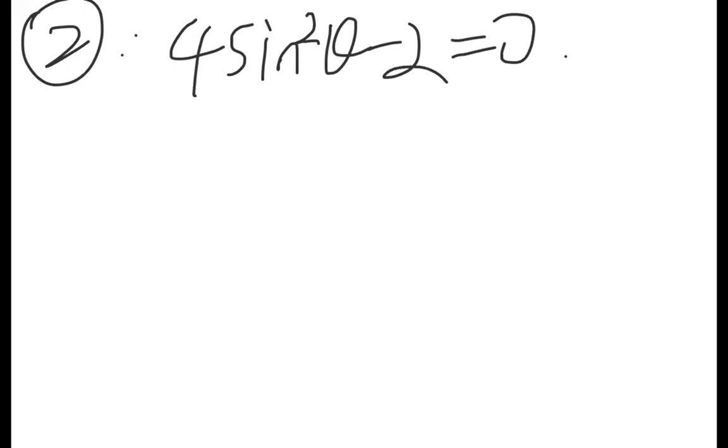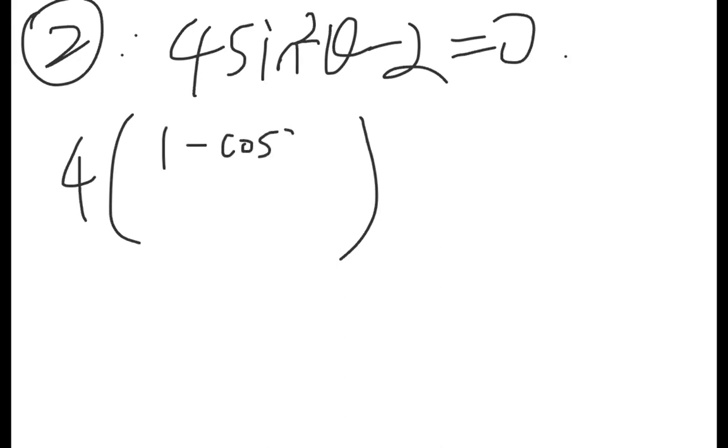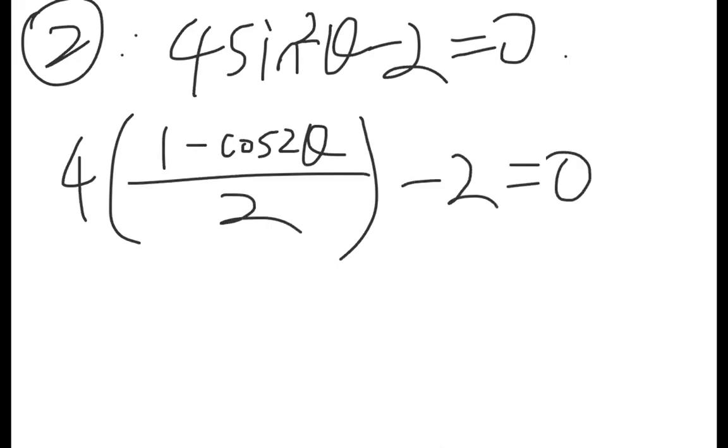sine square theta is equal to 1 minus cosine of 2 theta over 2, right? Minus 2 equal to 0. Simplify this, you can have 1 minus cosine 2 theta minus 1 equal to 0.